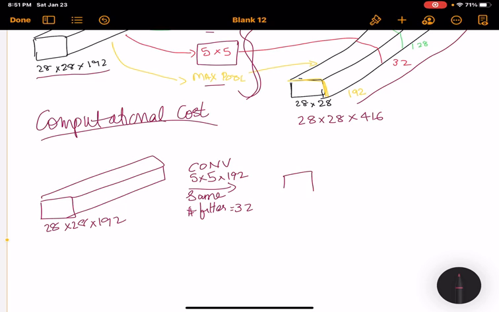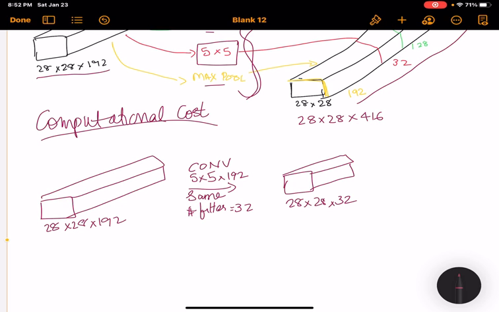And this gave me an output of 28 cross 28 cross 32. So let us roughly calculate what the computational cost of just one operation of this would be. That is just for the 5 cross 5 filter, and then we can imagine how high the cost would be for the others, and when we sum up, what the computational cost would be in total.